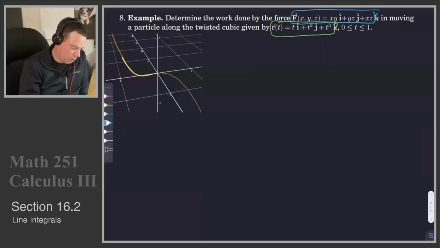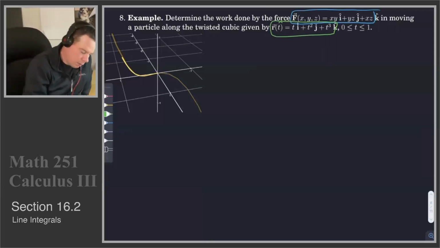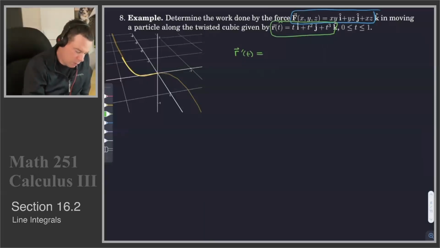So the ingredients, what I need is I'm going to need to know what r prime of t is, because I'm going to need to dot that with f at r of t. So what is r prime of t? That's 1, 2t, 3t squared. Then I'm going to need to know what f at r of t is.